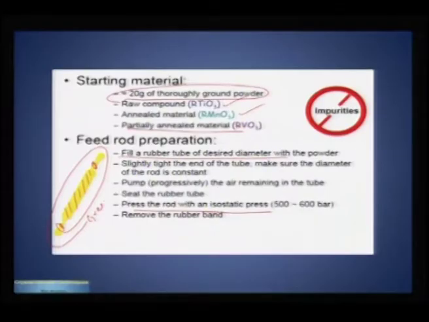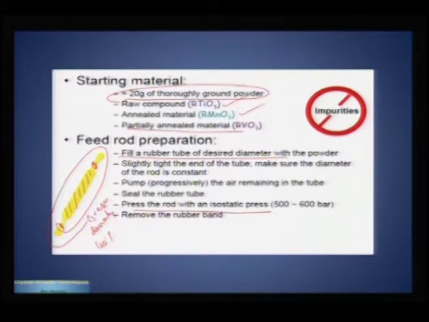In other words, if you start with a compaction or a green density of say 40%, that means you just tapped it and took away all the air sacs in between, then using isostatic pressing you should be able to get up to 60 or 70% density, and that will be a very good feed for your floating zone method.